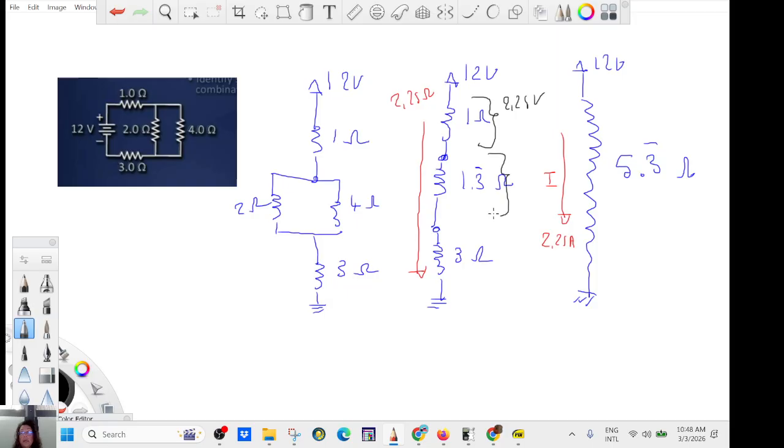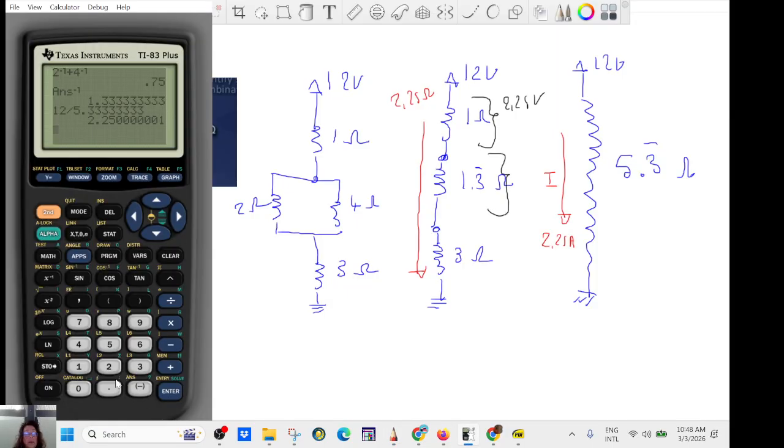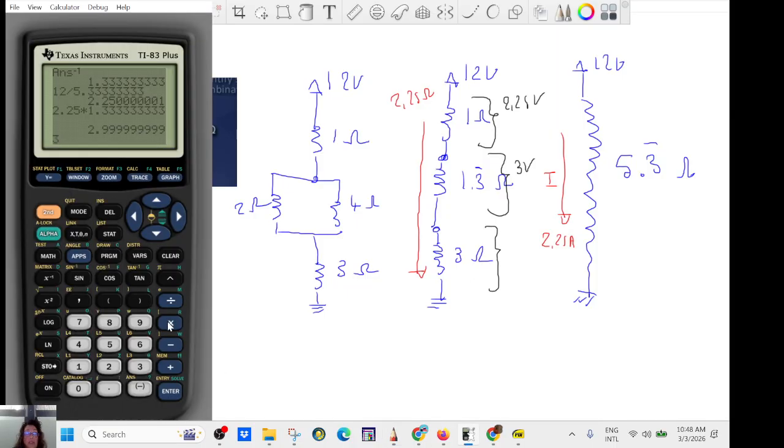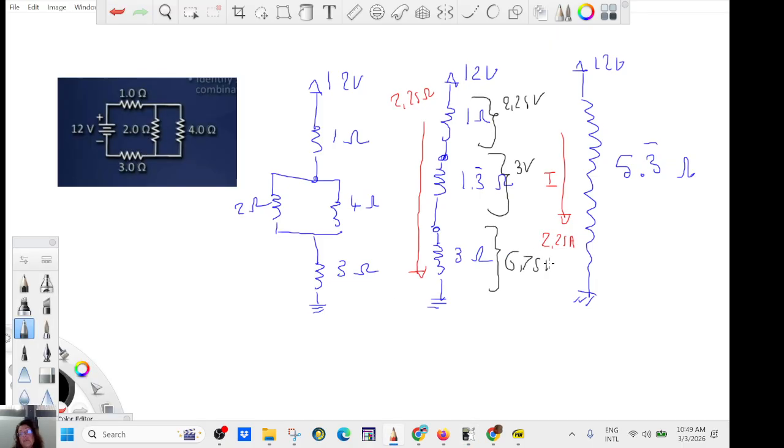Here it's going to be 2.25 times 1.3333, about 3 volt. And here it's what is left, right? So it's going to be 3 times 2.25, 6.75 volt. Do you agree?